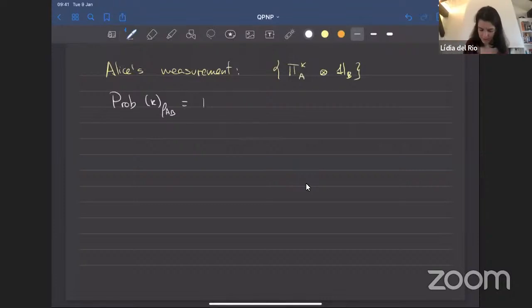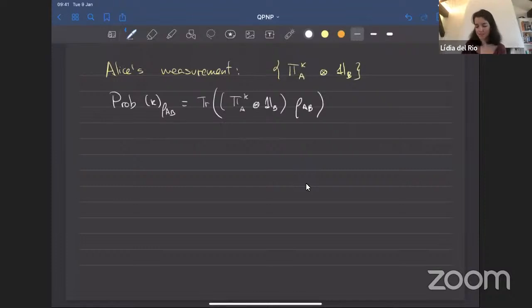So what is this? This is a trace of pi k A tensor identity on B times this rho AB. This is something we saw before. And now the solution is to expand this trace explicitly.